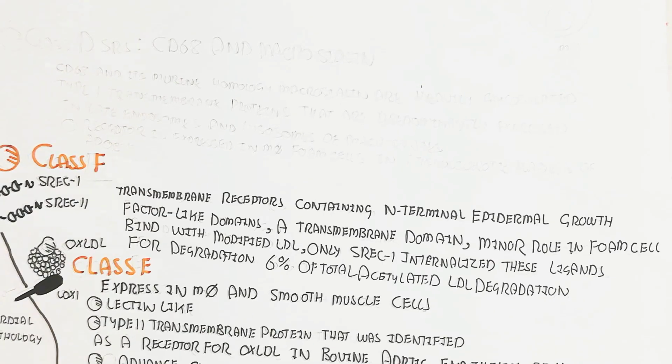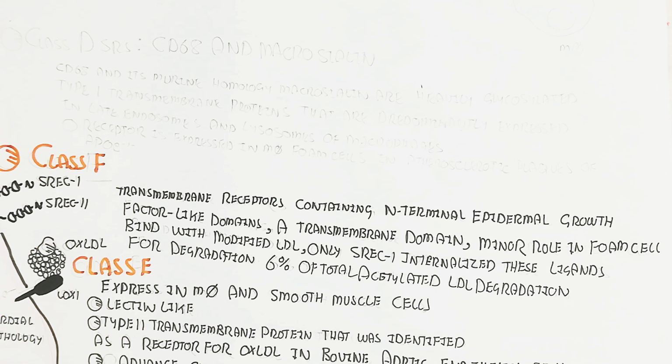This class contains a transmembrane receptor containing an N-terminal epidermal growth factor like domain, and a transmembrane domain. It has a minor role in foam cells, but it binds with modified LDL.